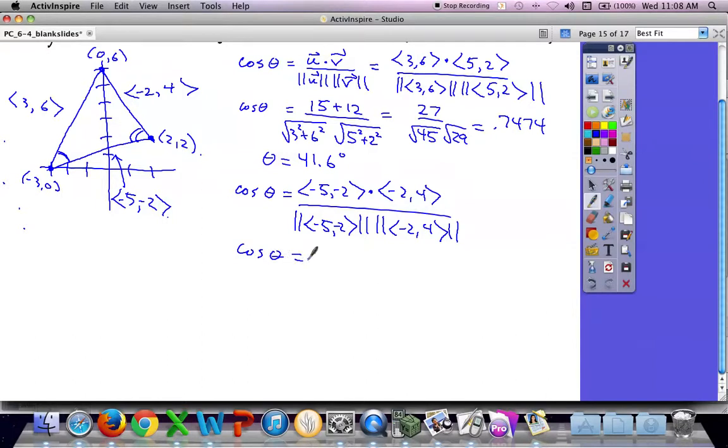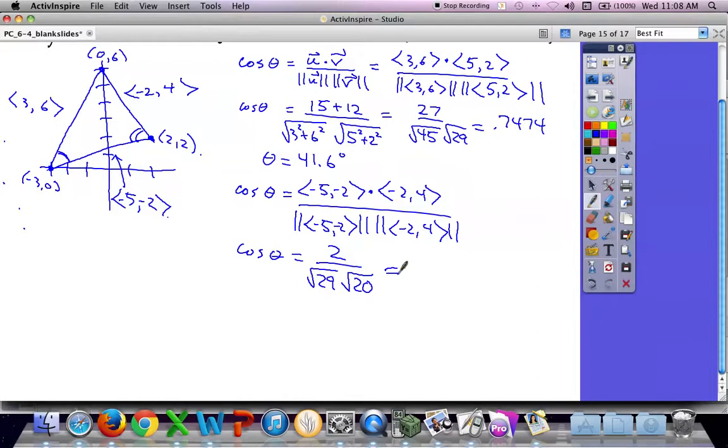Let's see, that will give us negative 5 times negative 2 is 10, minus 8 is 2, over the square root of 29 and the square root of 20.